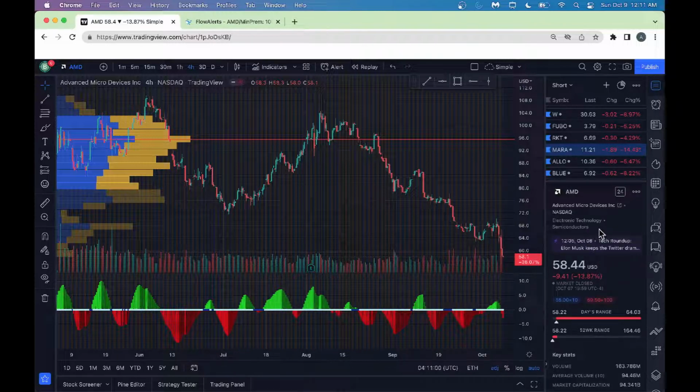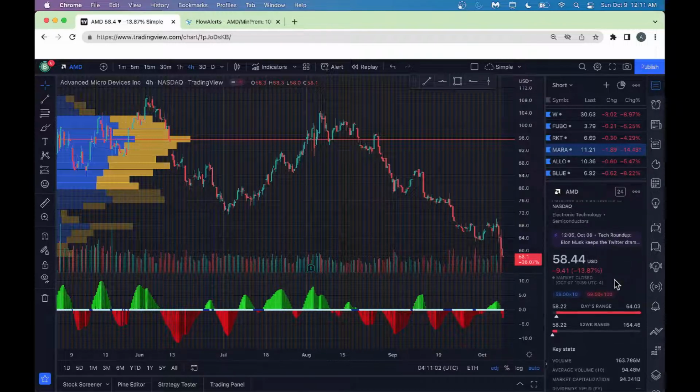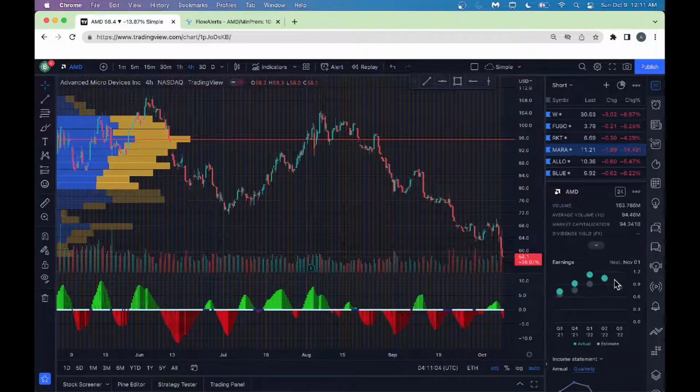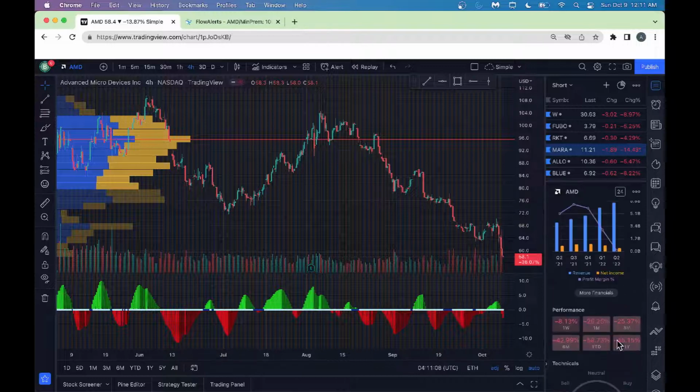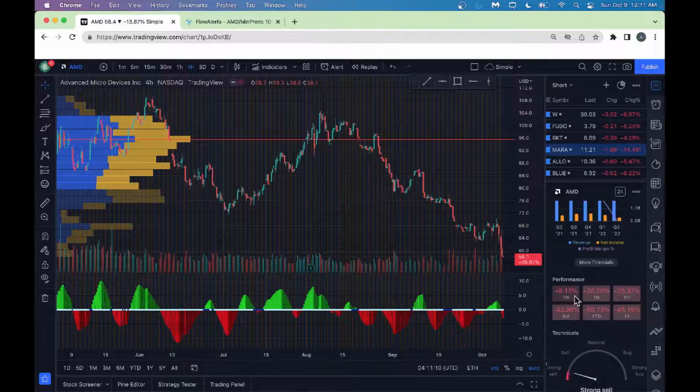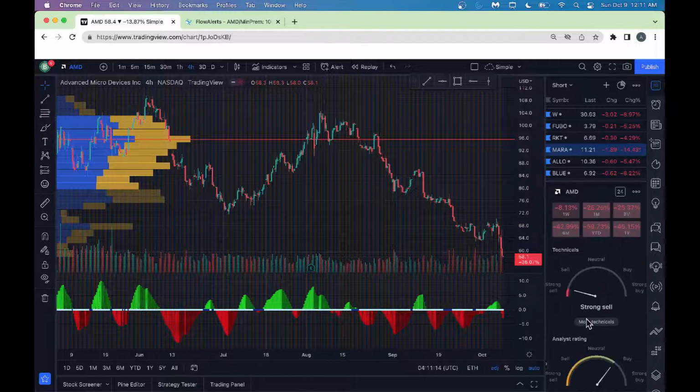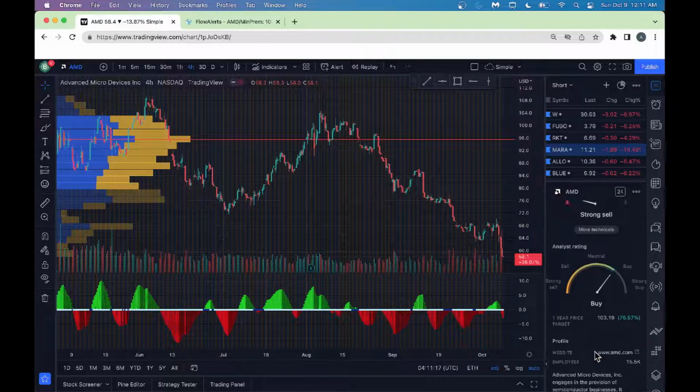Look, AMD, earnings wise, look at the performance here. It's pretty not great this year. All the semiconductor stocks are selling off here. Analyst ratings are neutral.